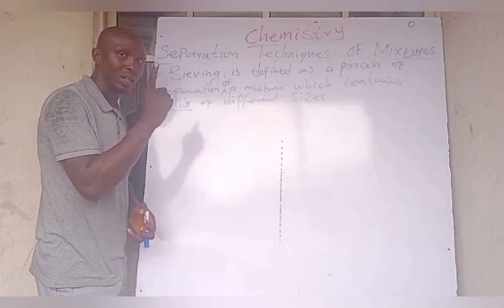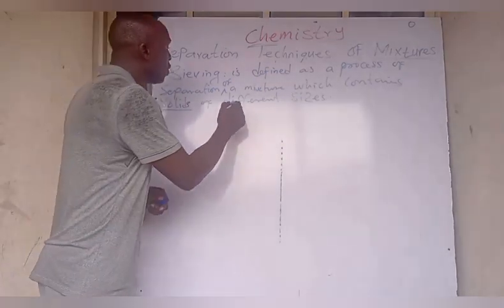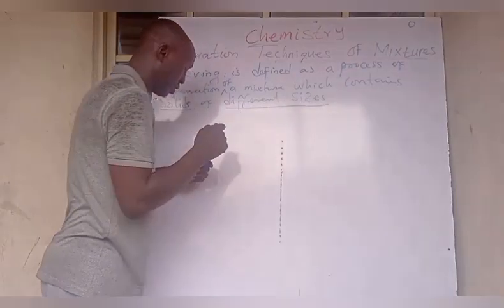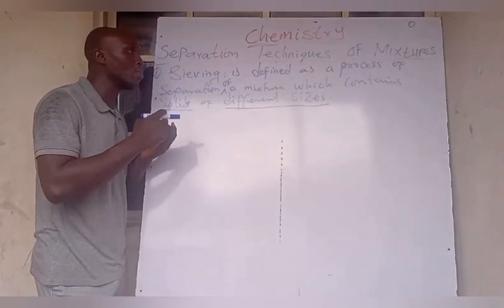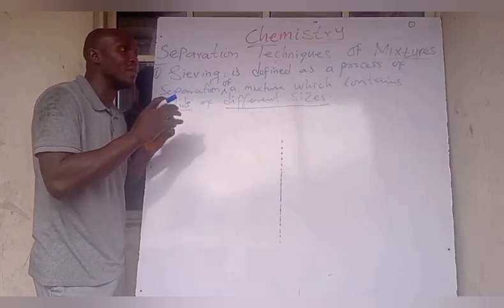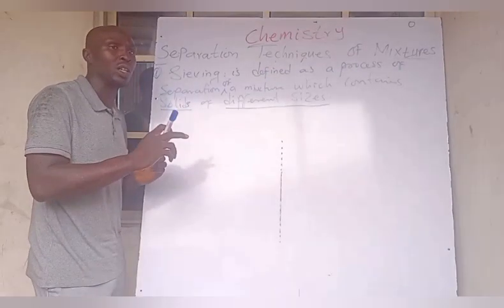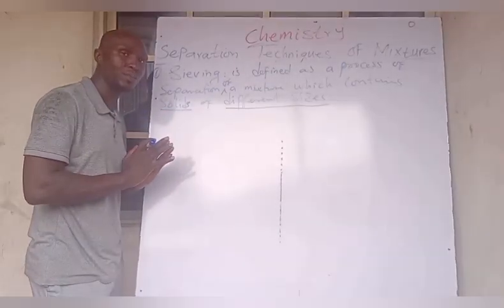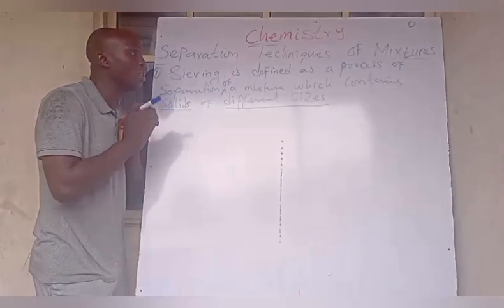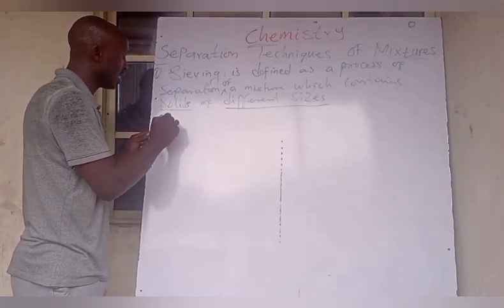Then number two is that they must have different sizes. Whether there are 2, 3, 4, 5, or 6 different types of solids, another thing you must ensure is that these solids must have different sizes. Now, let me give you a simple example. Let's look at rice and beans.